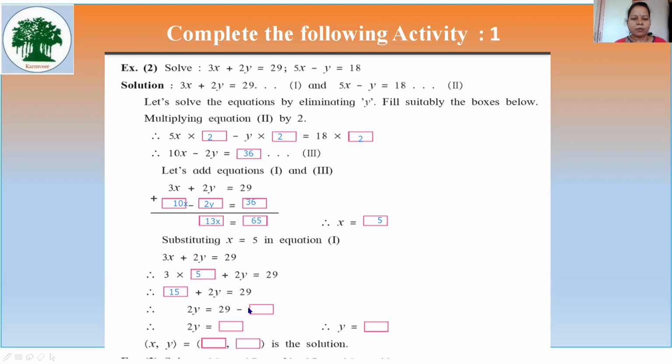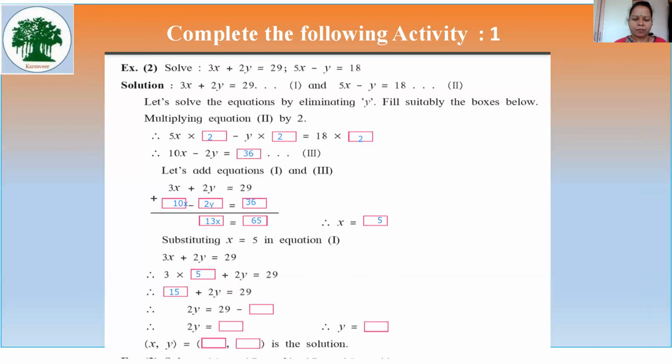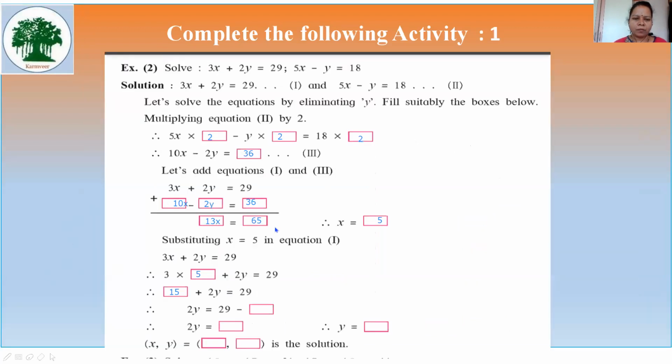That is, 2y is equal to 29 minus 15. So 2y is equal to 14, y is equal to 7.